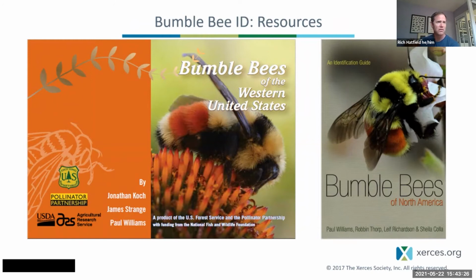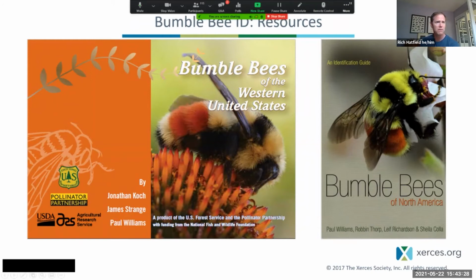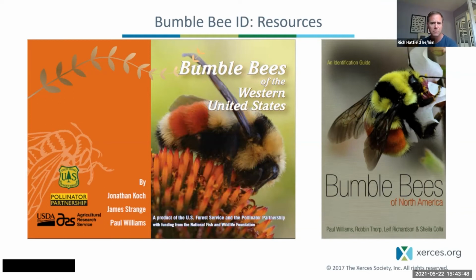The taxonomy has changed. And this book on the right, Bumblebees of North America, which I've referenced a few times earlier in this talk, and Leif Richardson, who's on this, is a co-author of this book. And it's sort of the authoritative book in North America. It's really a beautiful resource and very handy in terms of its descriptions and in its color pattern diagrams.